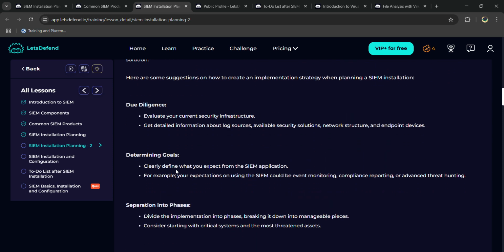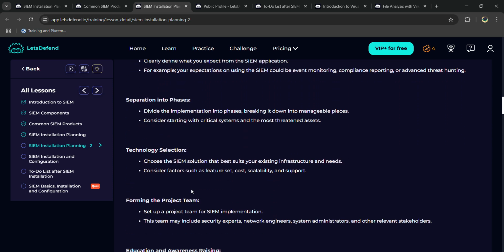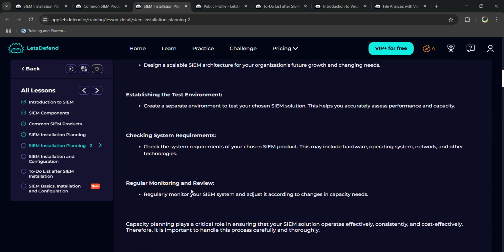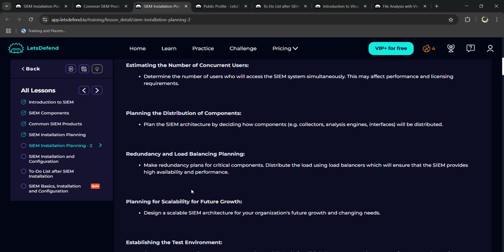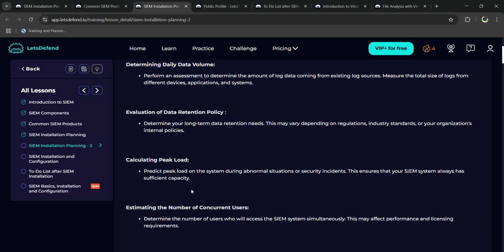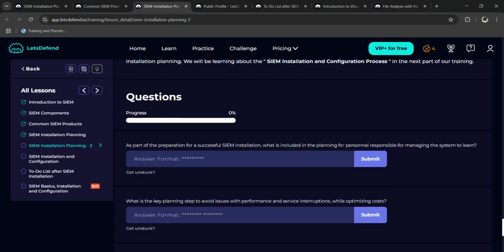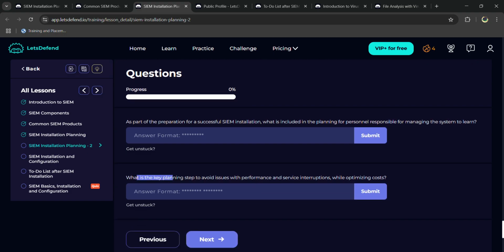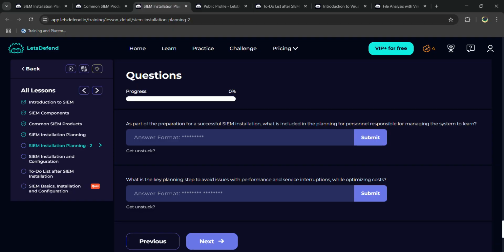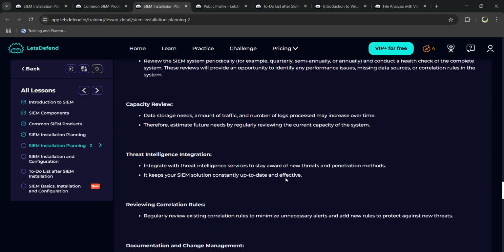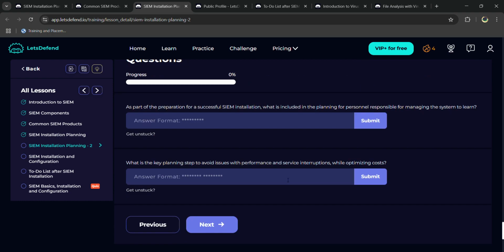Implementation strategy. What is included in the planning for personnel responsible?